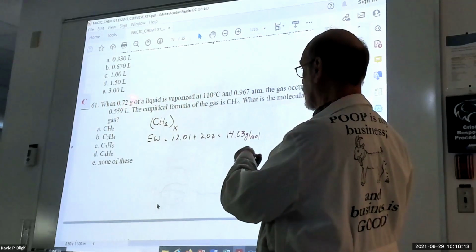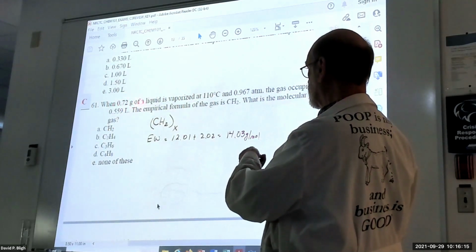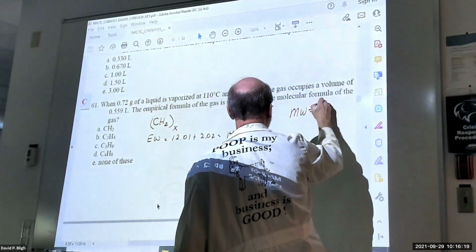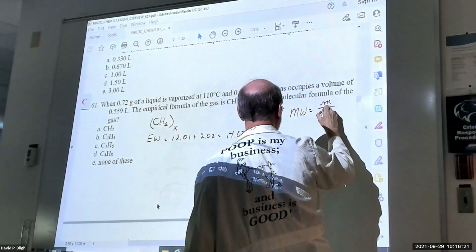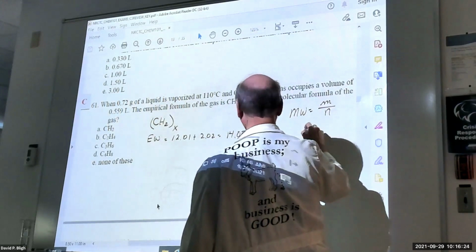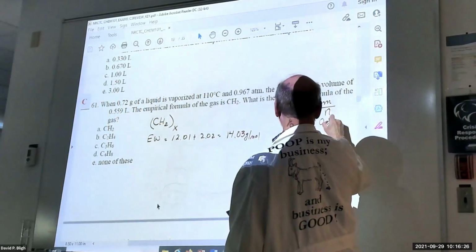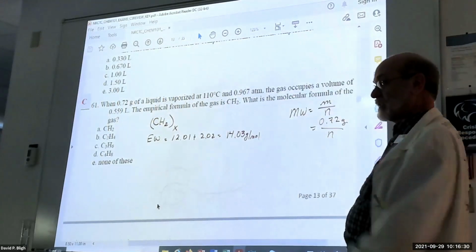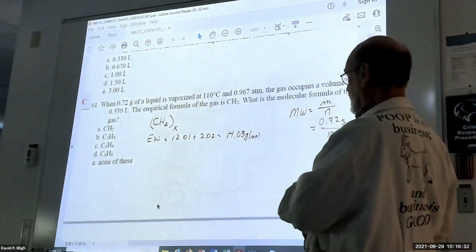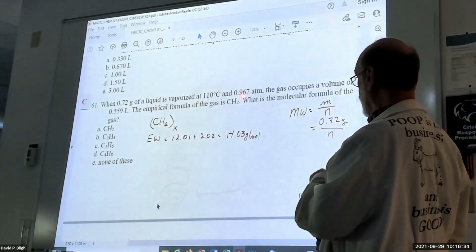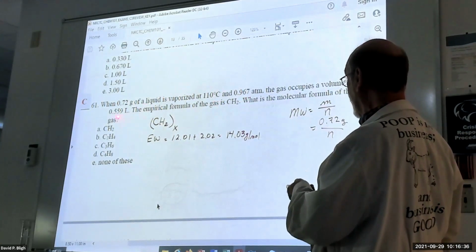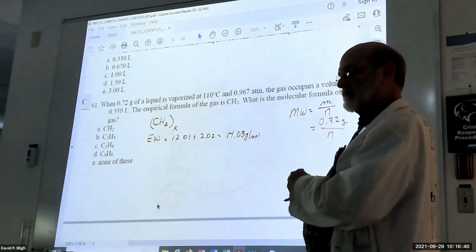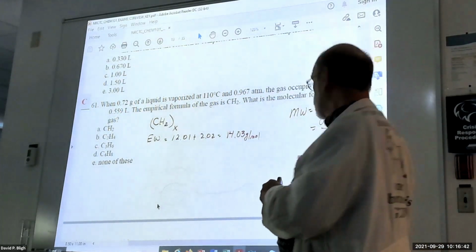Yep, we have the mass right here: molecular weight equals mass per mole, and we have the mass at 0.72 grams. We need the moles. Can we get the moles from this? We have temperature, pressure, and volume. Yeah, the ideal gas equation will give us moles.